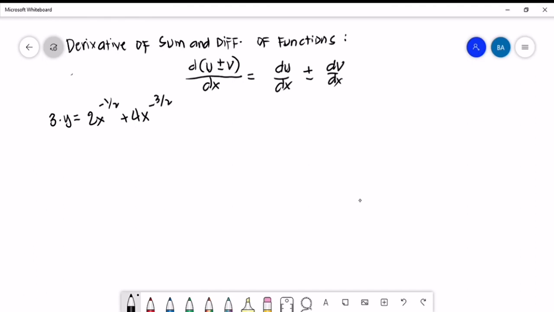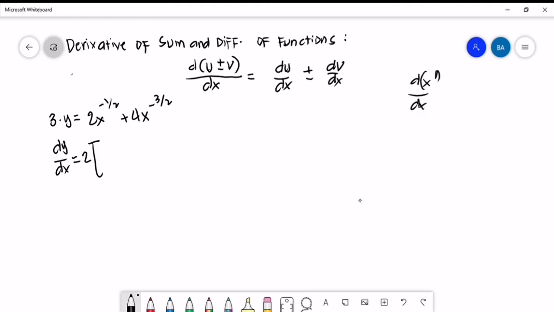At this point, to solve for the derivative, this is under the derivative of the sum of functions. Let's derive them separately, or it depends on you. Let's separate the 2, the coefficient 2, and then proceed to the derivative of x raised to n with respect to x.